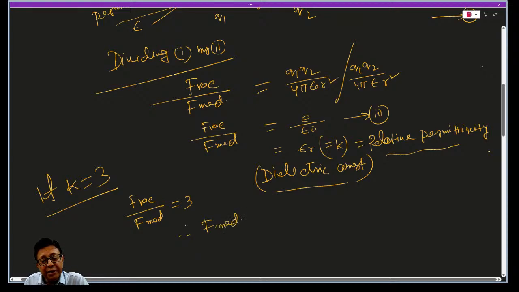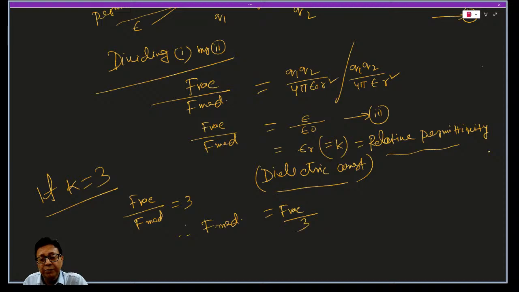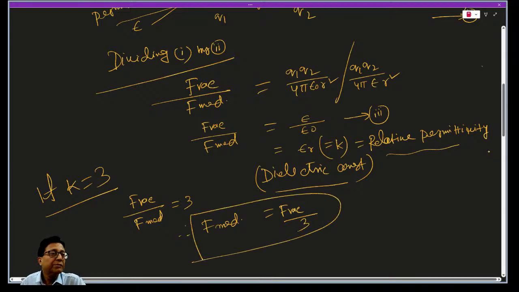So F medium will be F vacuum by 3. So the force of interaction reduces by that factor, which is the relative permittivity or dielectric constant of the medium.